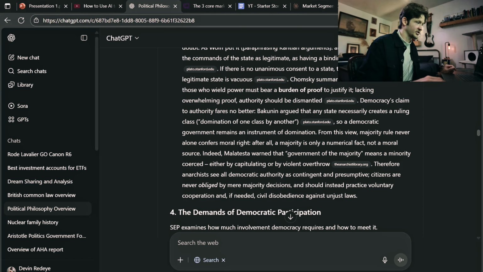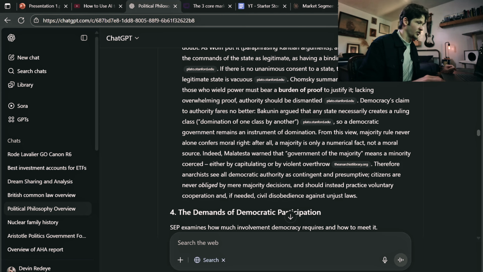Democracy's claim to authority fares no better. Bakunin argued that any state necessarily creates a ruling class, domination of one class by another, so a democratic government remains an instrument of domination. From this view, majority rule never alone confers moral right. After all, a majority is only a numerical fact, not a moral source.